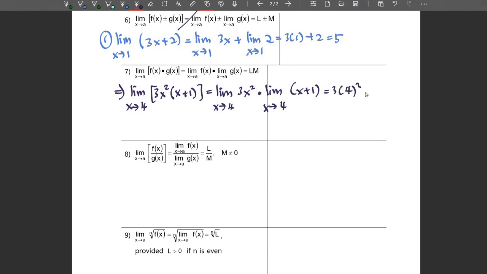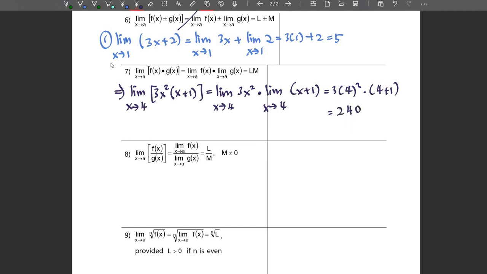It is 3 times 4 squared times 4 plus 1, which is equal to, let me grab my calculator first, 3 times 16 multiplied with 5, which is equal to 240.